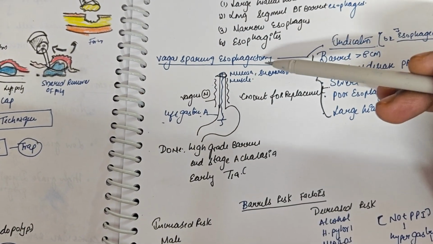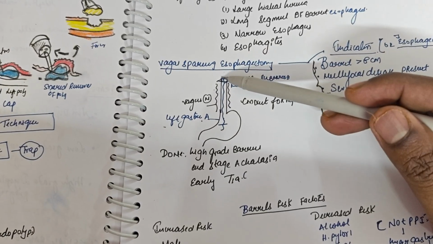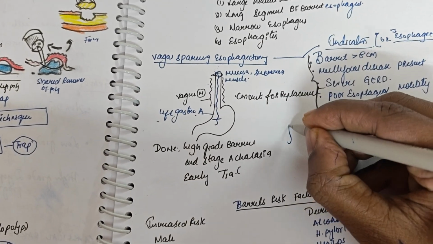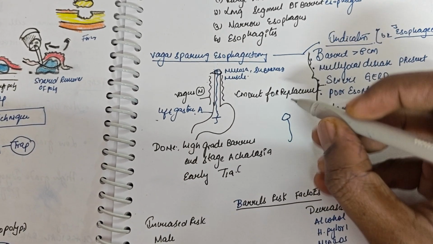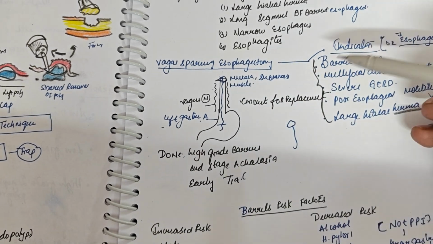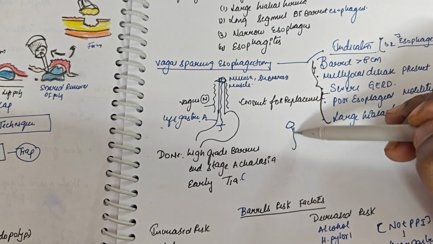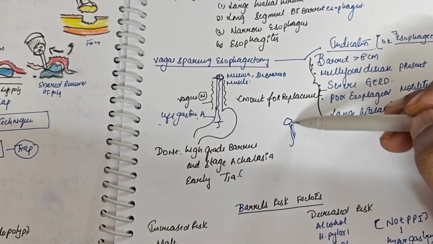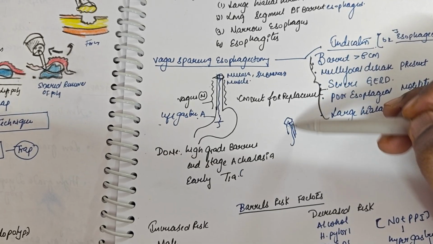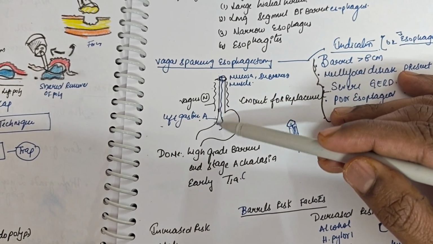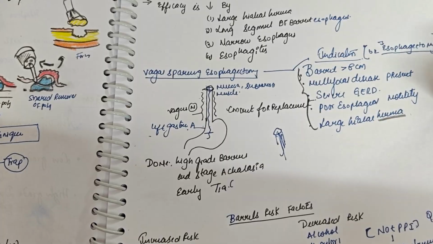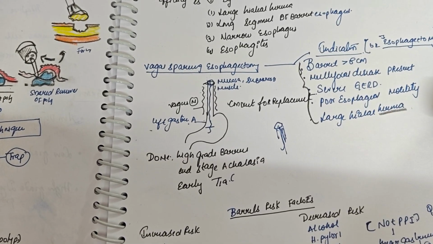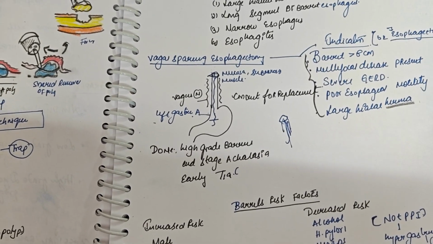The stripper covers, you change the knob, so that you have the mucosa, the submucosa and the muscularis propria. Now it strips down and comes out. In this, it spares the vagus nerve, and it also spares the left gastric artery.